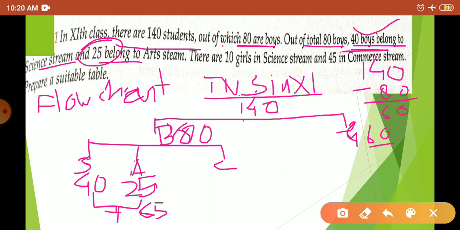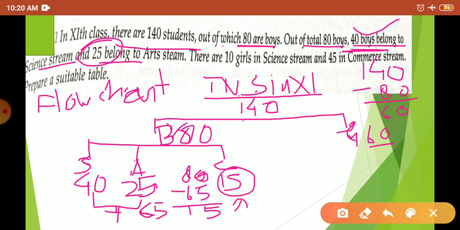And now we are going to subtract 80 minus 65. So in this way, how much do we get? We get 15. So this is the number of commerce students.